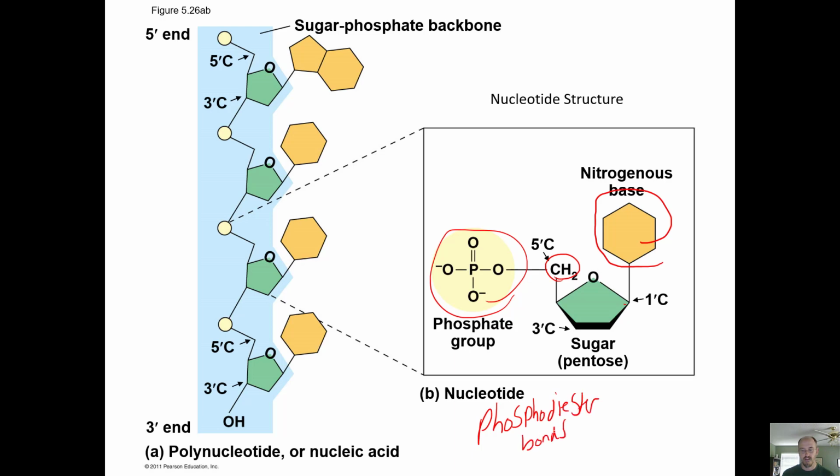This occurs when DNA replicates. Phosphodiester bonds, that's the covalent bond here in the backbone. And we can form a backbone of DNA. And then if we form another backbone over here running the opposite way, hydrogen bonds will form between these nitrogenous bases, forming that double helix that I'm sure you're familiar with.